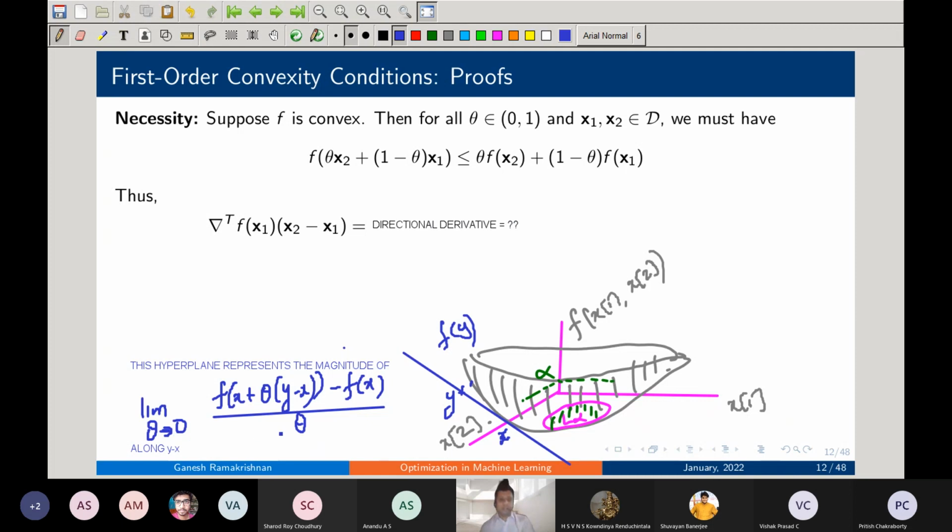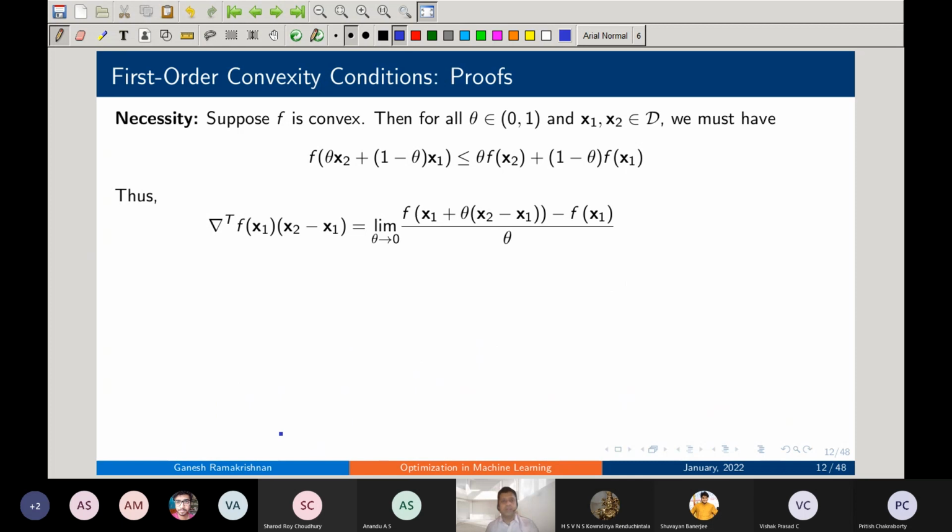That is what I should expand it as: limit as theta tends to 0. Now in this case we have x1 plus theta times x2 minus x1. So I just used x1 in place of x and x2 in place of y.